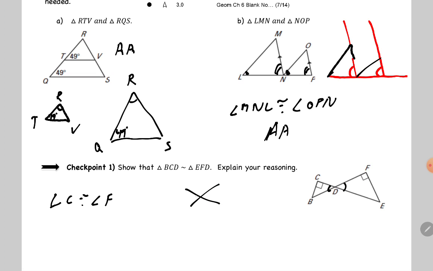So if we have an intersection, opposite angles are the same. So angle CDB is congruent to angle FDE. So by double A, these two triangles are similar.